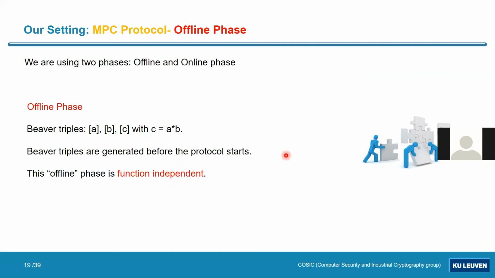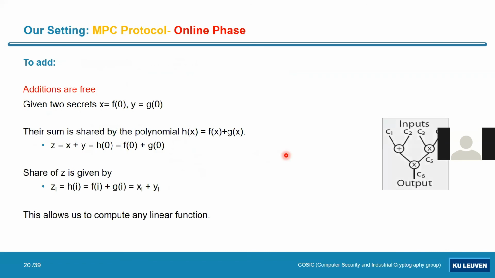Beaver triples are generated before the protocol starts, and our offline phase is function independent, which means it can be done independent of any function. In our online phase, we are going to evaluate a circuit with some inputs, and in our circuit we have multiplications and additions. Additions are free because they can be done locally.